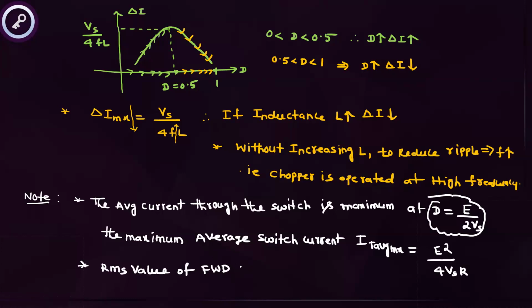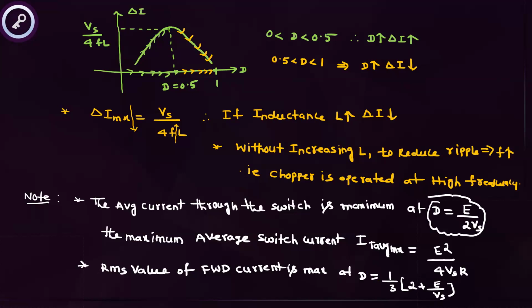This also we can get by derivation: the RMS freewheeling diode current is maximum at D equal to 1 by 3 into (2 plus E by Vs). At this duty cycle, the RMS value of freewheeling diode current is maximum.